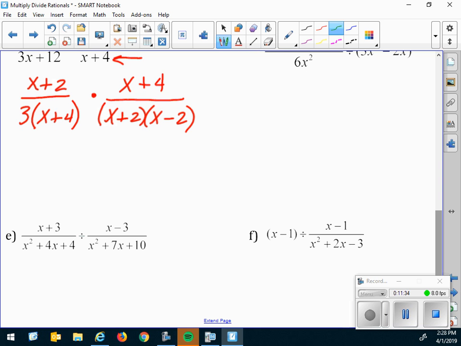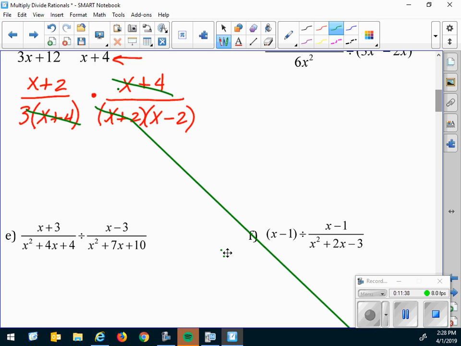The x plus 4's factor out. And x plus 2. Is that what I'm doing? What's all this? All right then. x plus 2 and x plus 2.